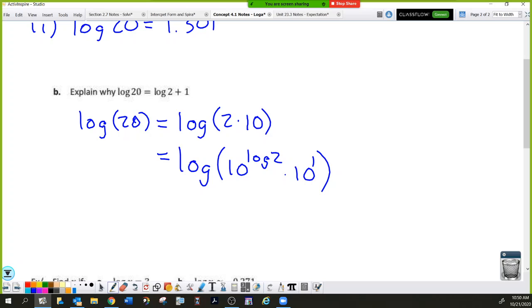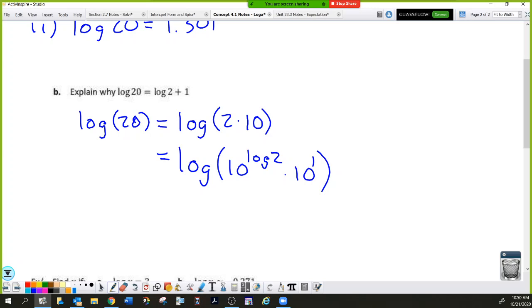Are you comfortable with me making that statement? I need to know. We were comfortable with me turning 2 into 10 raised to the log of 2? Why'd I do that? Because now the two numbers in the argument are both base 10.